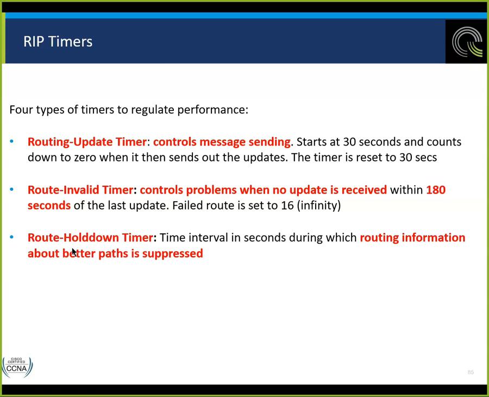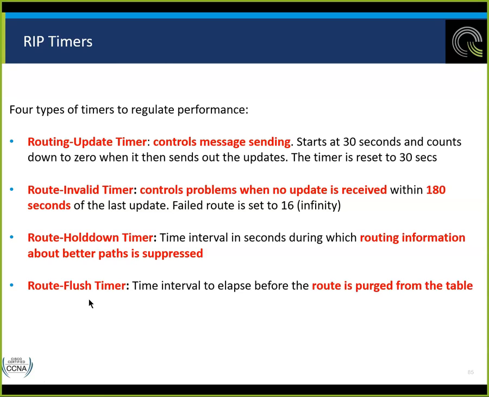The failed route is set to 16. The route hold-down timer, after we have the bad route, is the time in seconds during which routing information about better routes is suppressed. I'm not going to take any route updates. The hold-down timer is going to be 180 seconds.